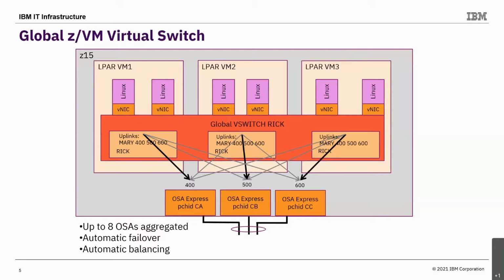Now, the beauty of this is that any of the virtual switches, whether in VM1, VM2, or VM3, can take over. So only 1 virtual switch will actually manage the LAG group at any point in time. But if for any reason that particular VM is taken down for service or whatever, automatically one of the other 2 LPARs will pick up management of the LAG.